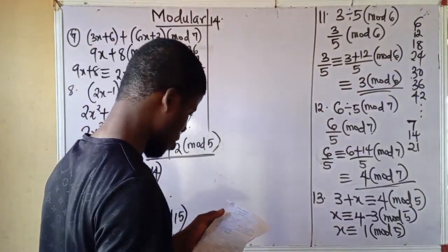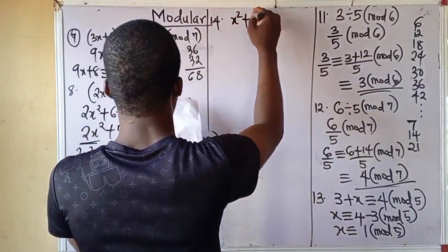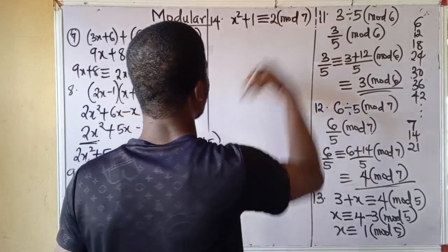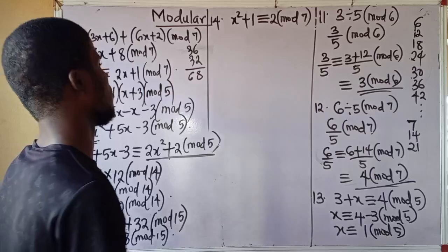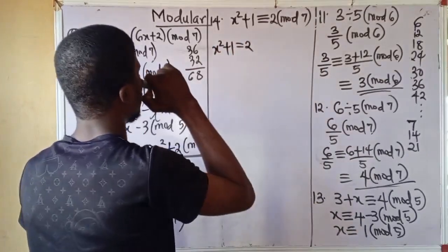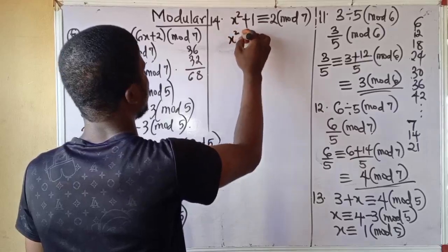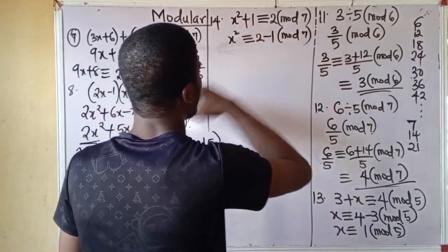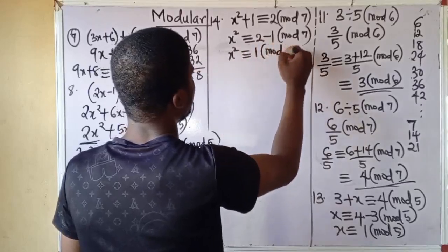Similarly, what will be x squared plus 1 congruent to 2 modulo 7? I should solve this like an equation. If I solve this equation, x squared plus 1 equal to 2, it means that x squared will be congruent to 2 minus 1 modulo 7. x squared will be congruent to 1 modulo 7.